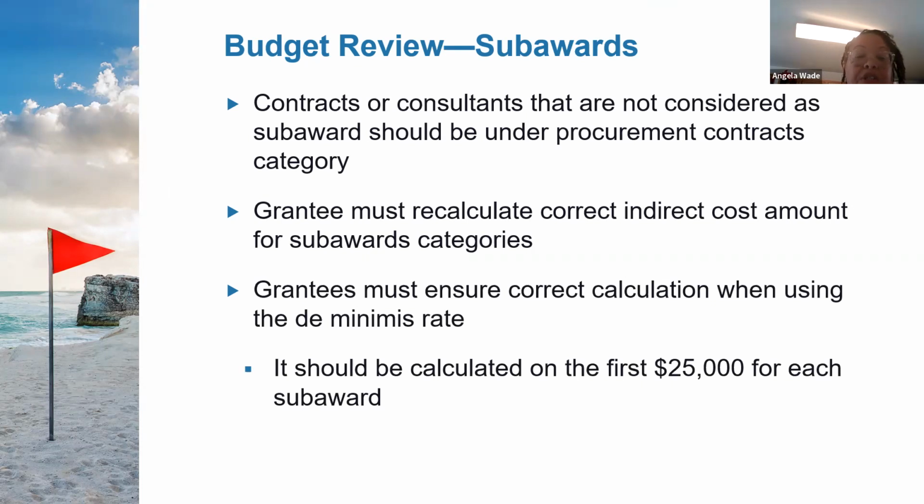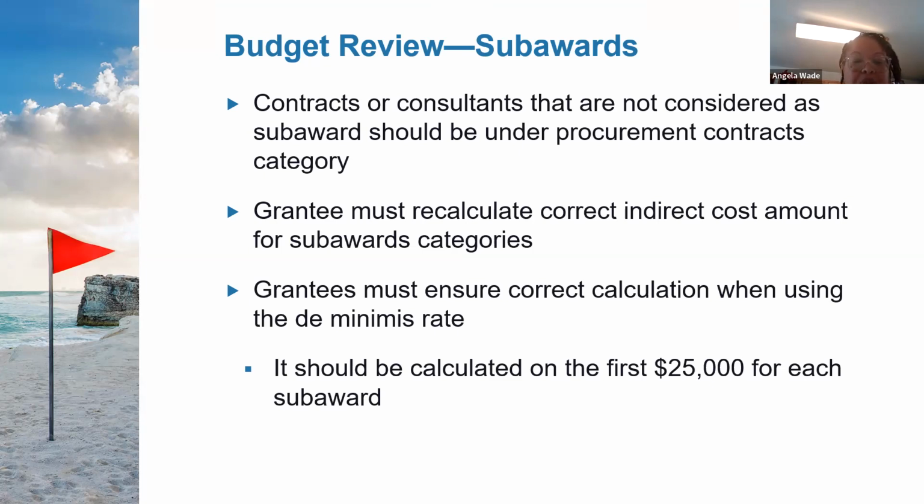Any contracts with consultants that are not sub-recipients should go under the procurement contract category. Sometimes this happens because in previous years, the subaward and procurement contracts budget category was grouped together. So now they're two separate budget categories. You need to separate out those contracts and consultants that are not subawards and put them in the procurement contracts category.